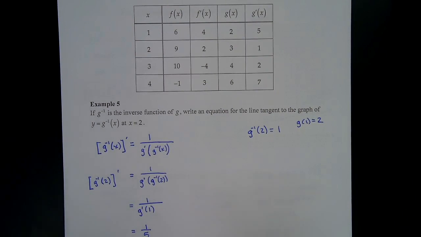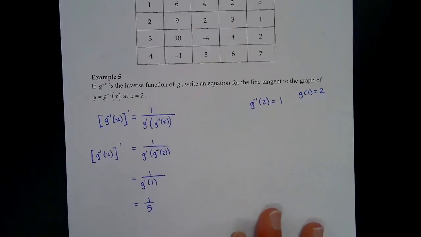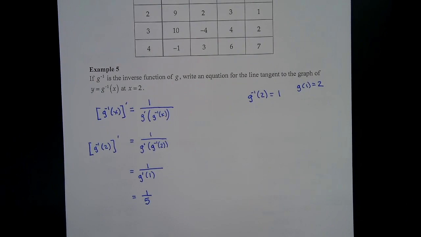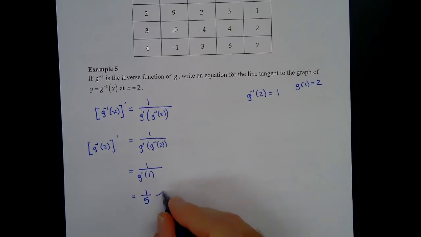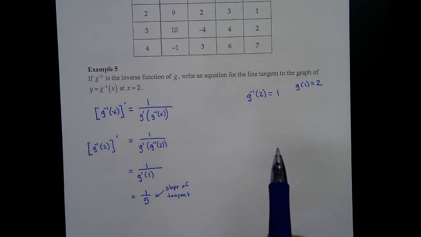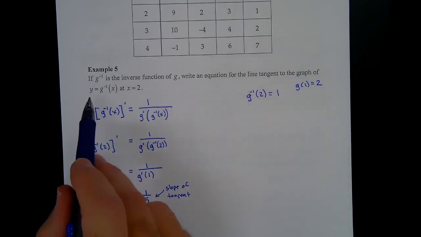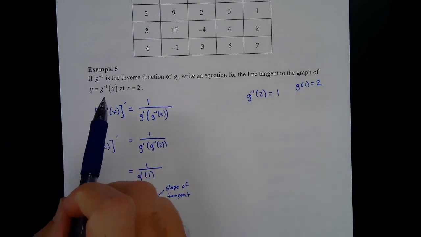Now, that's the slope of my tangent line. We want the tangent line to the graph of g inverse, not g, but g inverse.